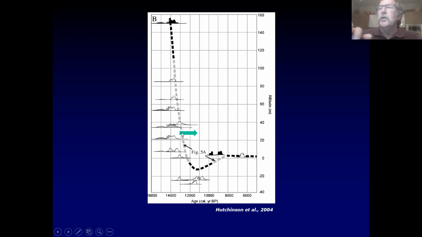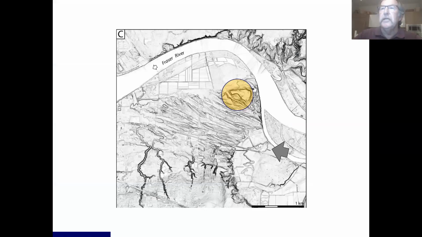And the flood occurred after. That's a maximum age, because the floodwaters actually scour and erode that delta. So the flood occurred after 13,000 years ago. How much after? Well, we really can't say on the basis of this evidence, but I kind of think the sea was near its present elevation, but these glacial marine sediments were still plastic and wet, because I don't think the hardened, concrete-like glacial marine sediments, if they were dry and well above sea level as they are today, would erode in that fashion.